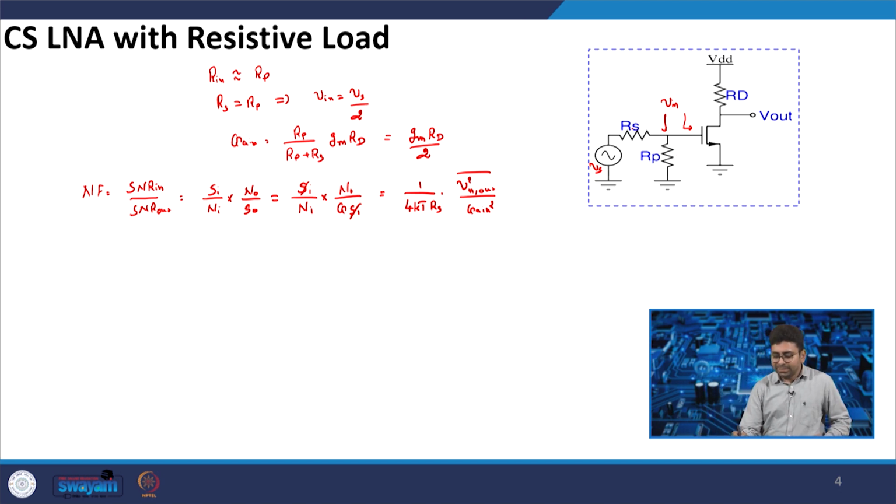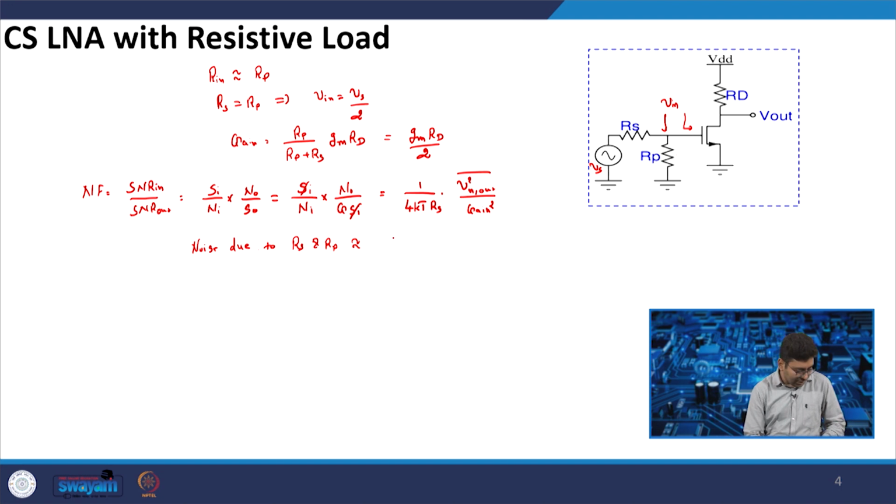As Rs and Rp are both in parallel, we can directly write the noise due to Rs and Rp.